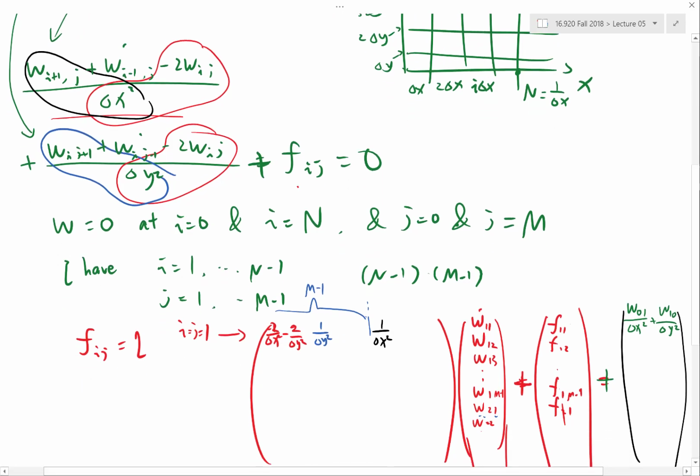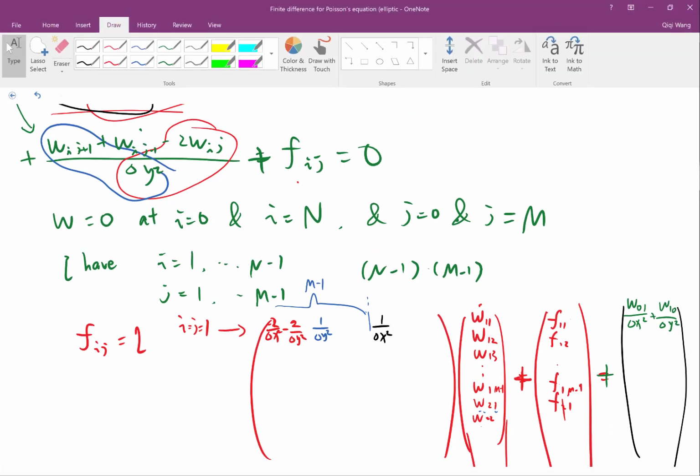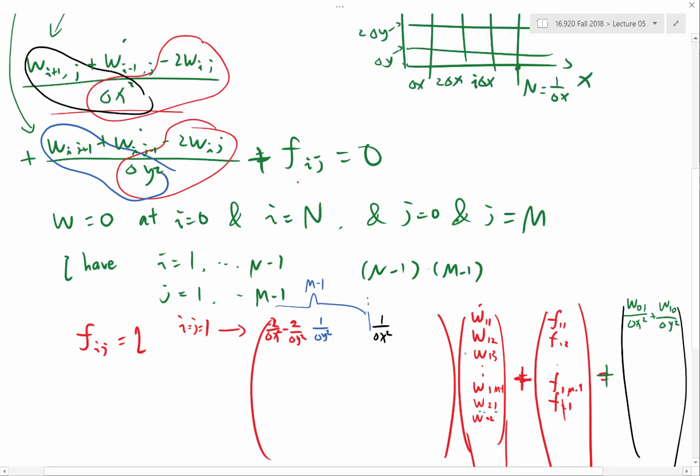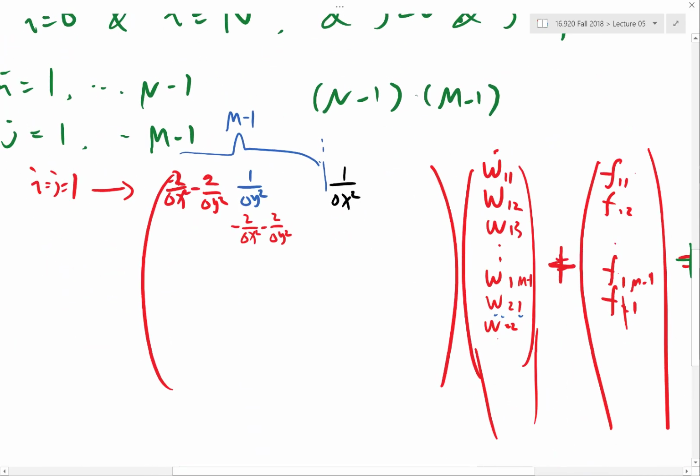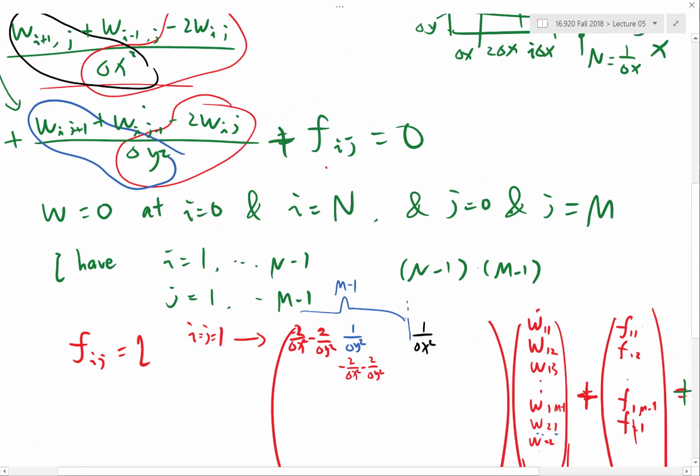The second equation, again, let's start from the red. On the diagonal, the entry in the 2 position is the same as the 1 entry. So it's this guy. Let's make it a little bit bigger. Then on the left hand side, I have multiplied by W11.